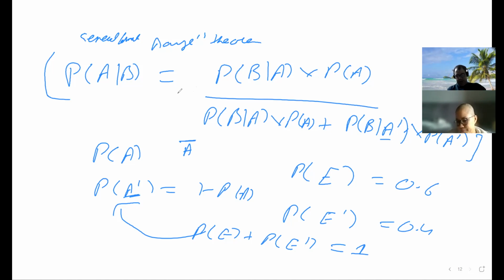So from this formula, can I find P fair given 3, whatever I explained previously, directly through this formula?